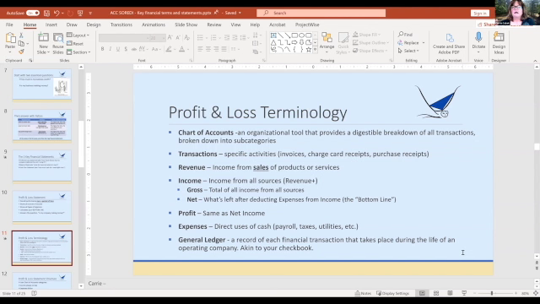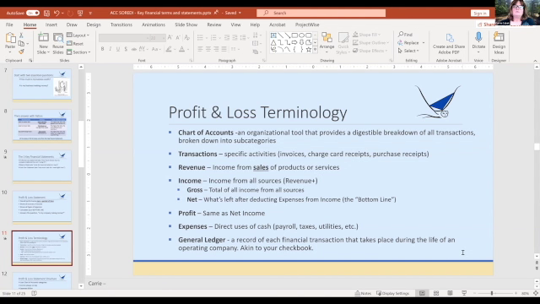Within the income bracket, we talk about gross income, which is the total income from all sources before we deduct any expenses. And there are a bunch of expenses that we're going to talk about deducting. The net income is what you get when you subtract all those expenses from your gross income.